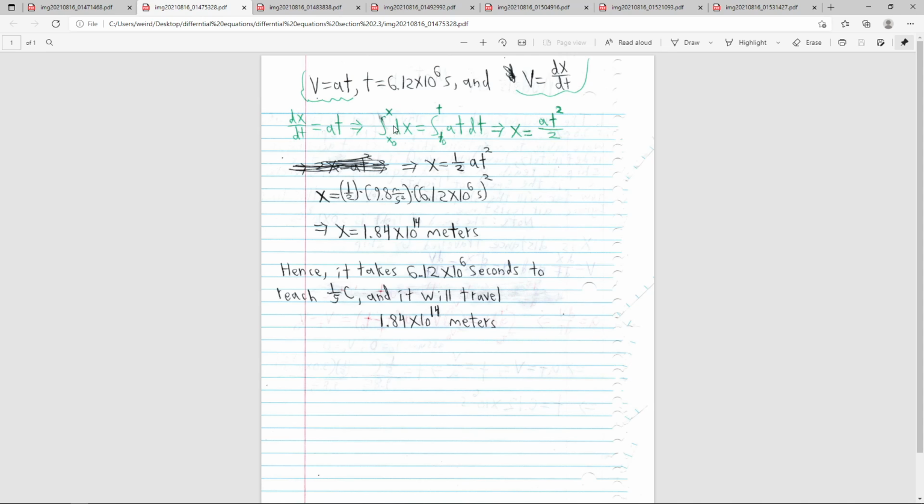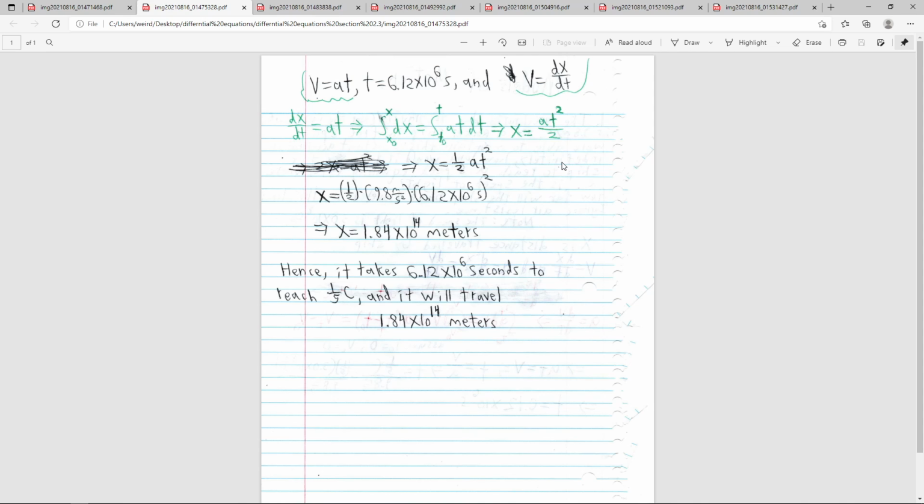Similar to before, we have x and x0 and t and t0. We assume that x0, the point of reference, like t0, is 0. It starts at 0 basically. So it's just x minus x0, so x is equal to a times t squared divided by 2.